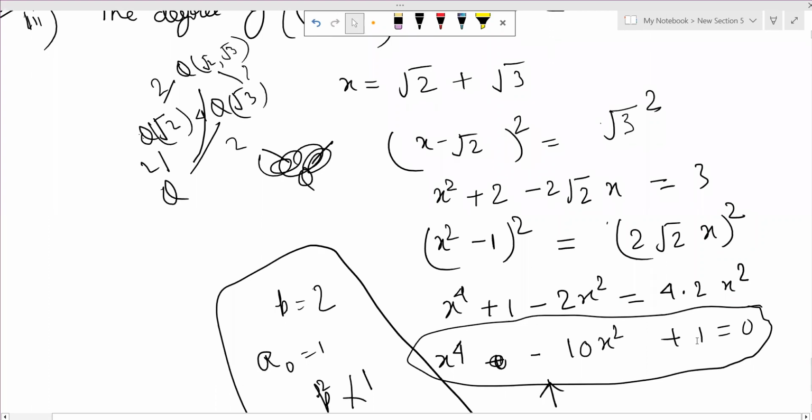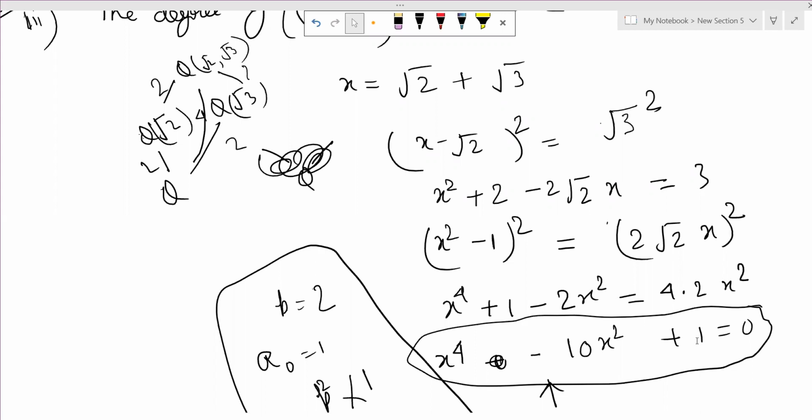Now we proved already this is the irreducible polynomial, right? So you just need to show it is minimal. If there exists a minimal polynomial, what is the meaning of that? That will divide this polynomial. But if that divides this polynomial, then this polynomial cannot be irreducible, right? So I already proved this is an irreducible polynomial, so it should be the minimal polynomial. Otherwise, this is monic also, irreducible also.